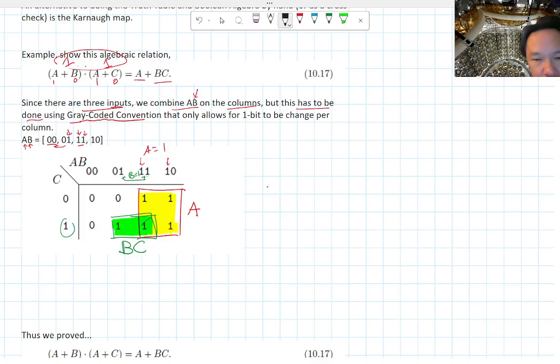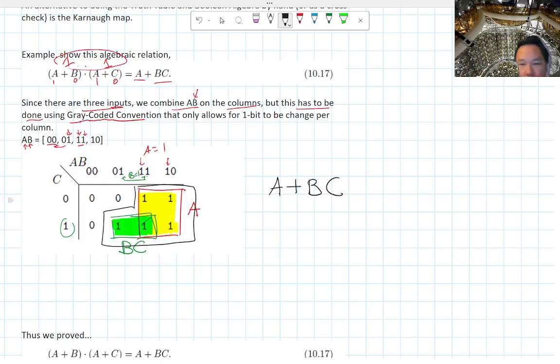Remember, when we do an OR operation, we don't actually care if both of the inputs are 1. So this is actually A or B and C together. The entire output here, wherever you get 1s, is known in logic maps as the union of A or BC, B and C together.